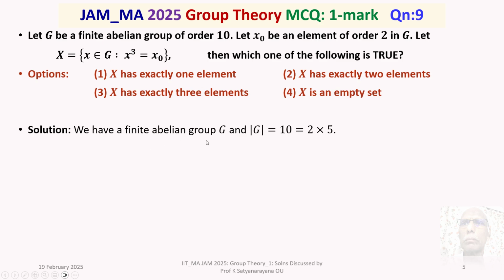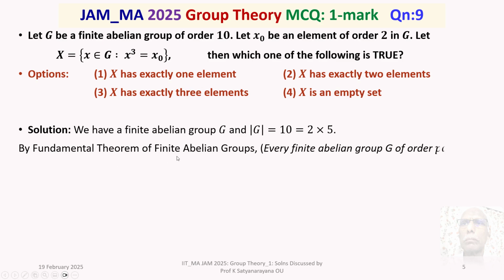We are given a finite abelian group G, and its order is 10, which is written as the product of 2 primes, 2 into 5. Now let us recall a famous fundamental theorem for finite abelian groups.